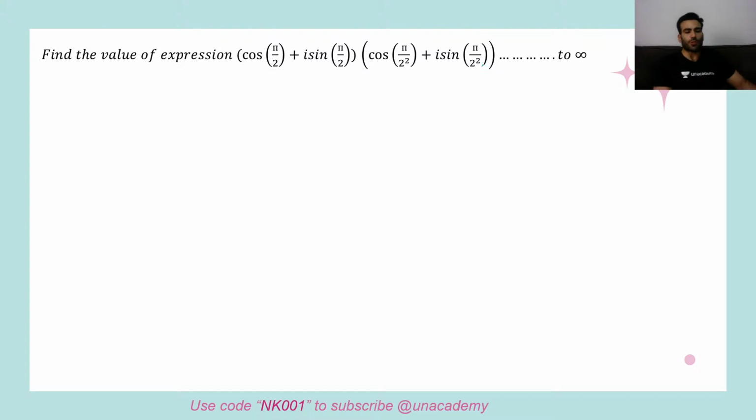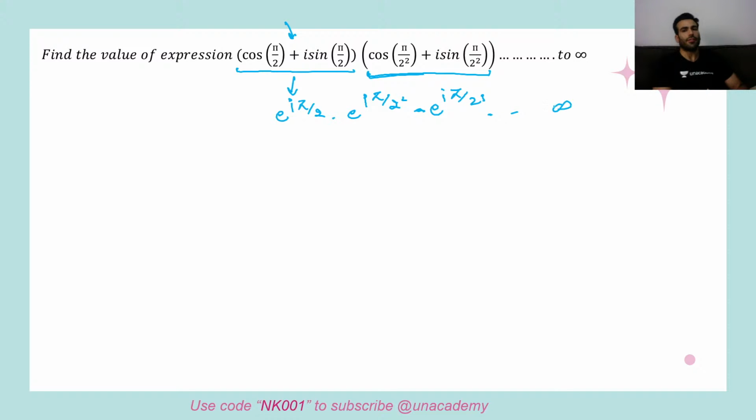Now let's try to prove this question. Here, one polar form is written, and another polar form is multiplied like this. If I want to convert this polar form into an Euler form, how will I write it? e raised to iota pi by 2 into e raised to iota pi by 2 square into e raised to iota pi by 2 cube, and it will go till infinity.